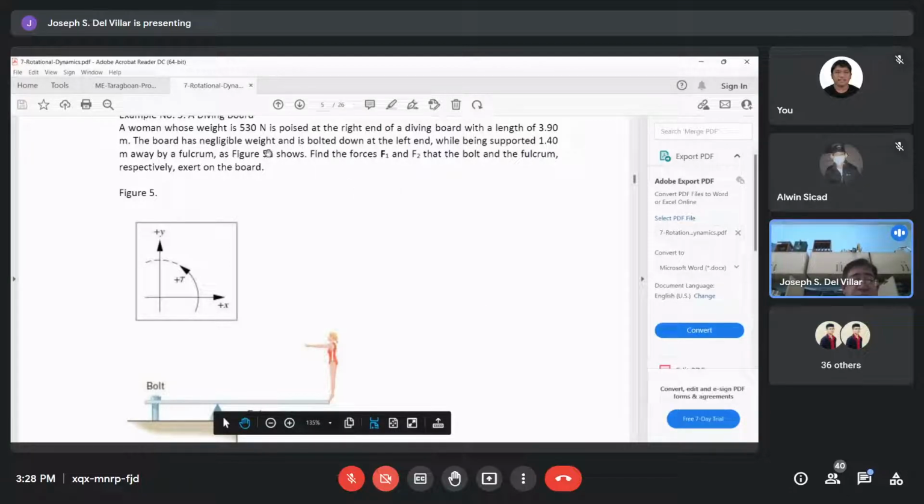Okay? So, negligible weight. And also, the board is bolted. So, nakita niyo itong napakalaking bolt. Okay? So, the purpose of the bolt is to hold the board from moving in a clockwise direction. Kaya binolt siya. Kasi otherwise, kung walang bolt at nandito yung woman, ano sa tingin yung mangyayari?